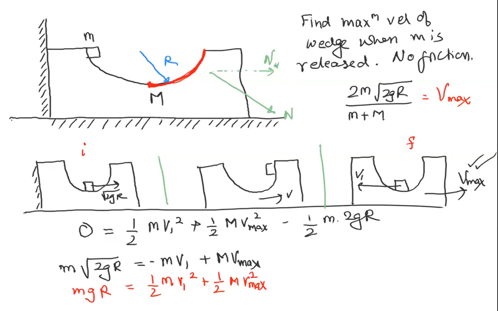For those of you who have studied collisions before, this is a simple collision between small m and capital M, where the value of v1 is √2gr and the value of v2 is 0, and we need to find v2 prime, v2 dash. Tell me, will a factor of 2 come or not? I don't know. Can anybody solve this?